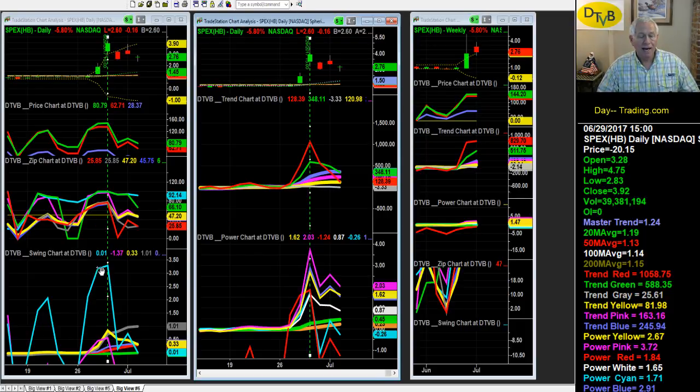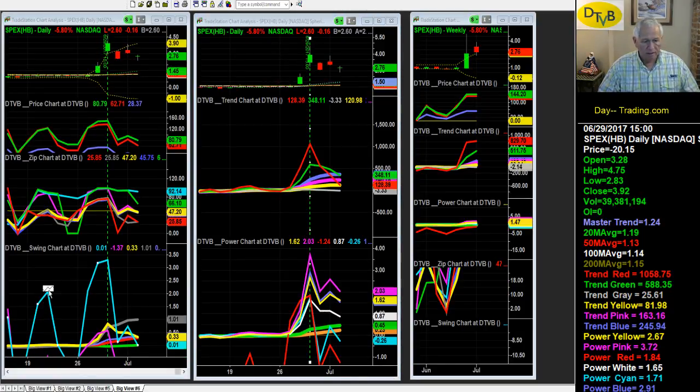Swing Zion is highest in a low angle up, and if you understand the big three, that's trend red, power red, and swing Zion, you know that when Zion is up, and in this case it's real strong up, we actually have about a 5-day high M pattern from peak to peak here, or maybe more, maybe 7 days or whatever it is. And this tells us that we're in the low angle of swing Zion, low angle up on a peak tells us that it's going to be next day down.